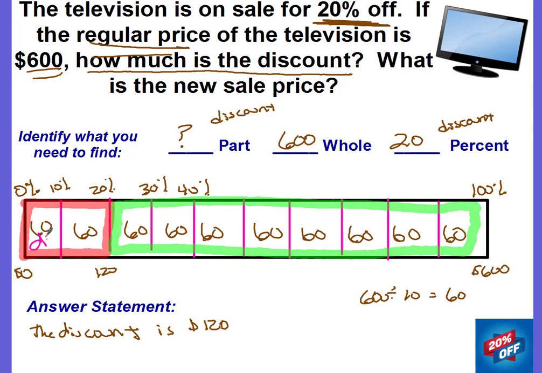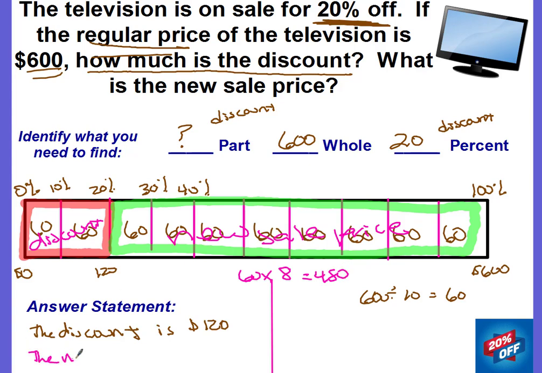So this is the discount, and this is the new sale price. So we could add it up, 60 plus 60 plus 60, and so on, or you could do 60 times 8, which is going to be $480.